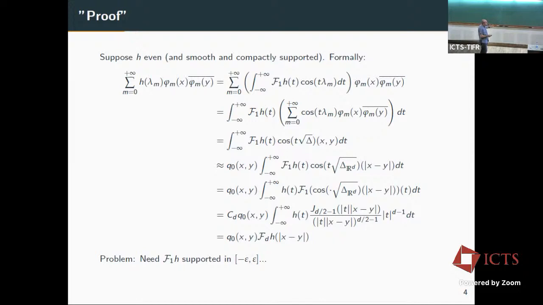And what you are doing is you are somehow averaging the solution in time, and you are averaging by means of the Fourier transform of H. So this is how you synthesize your kernel, and now you can use your expansion, and basically you replace this manifold kernel with a Euclidean kernel.